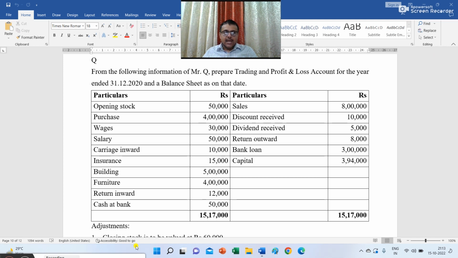And on credit side we have sales for rupees 8 lakh, discount received 10,000, dividend received 5,000, return outward 8,000, bank loan 3 lakh, capital 3 lakh 94,000. So total of debit and credit side of the trial balance is 15 lakh 17,000.